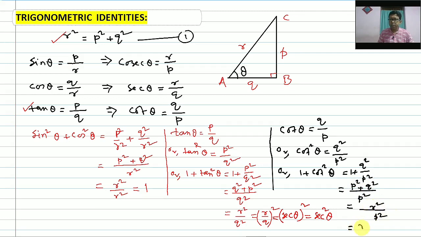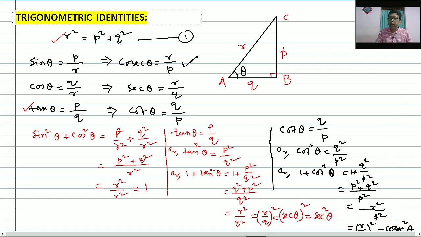So it is r upon p whole square. Now what is r upon p? R upon p is cosec theta. So substitute cosec theta and its square, so you will get cosec square theta.